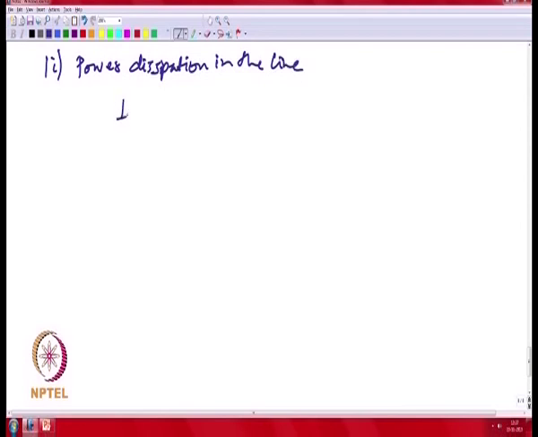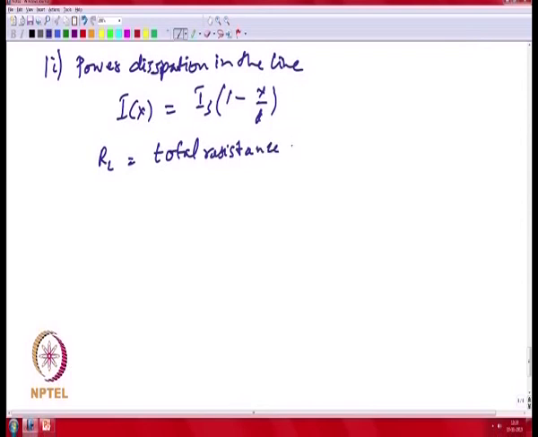So, we know the expression for the current, which is Is into 1 minus x by D, and RL is the total resistance of the line.